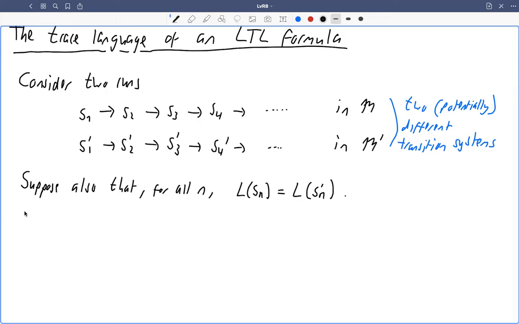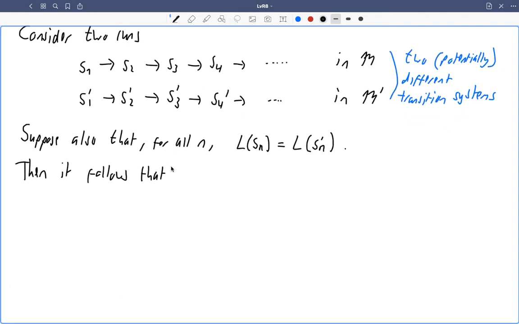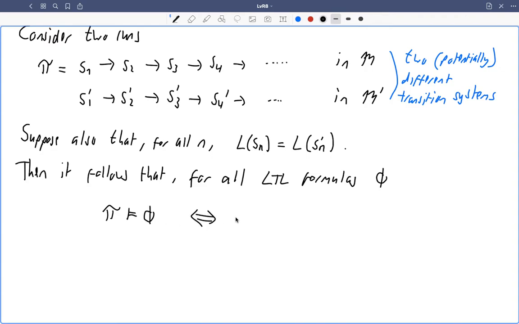So then it follows that for all LTL formulas phi, the first path, let's call it pi, satisfies phi if and only if the second path, let's call that pi prime, satisfies phi.